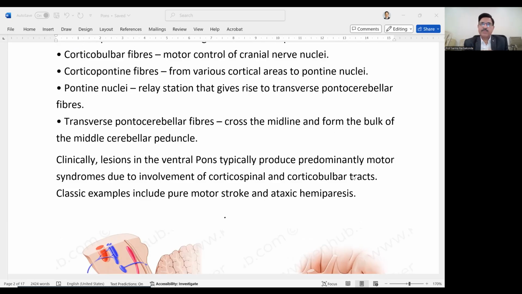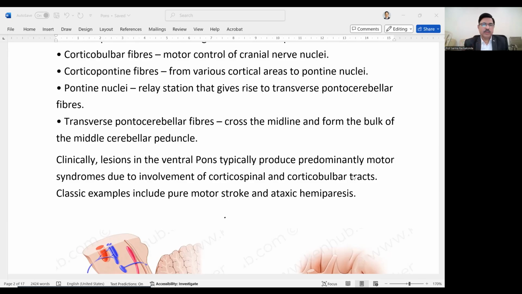And also because of the involvement of the cerebellar connections, ataxia will also be there, cerebellar type of ataxia. If a patient has ataxia with hemiparesis, most likely you can think of a ventral pontine lesion. So ataxia because of cerebellar tract connections, and motor weakness because of the motor tract connections. So you can see that there.